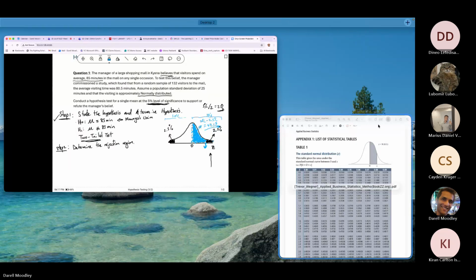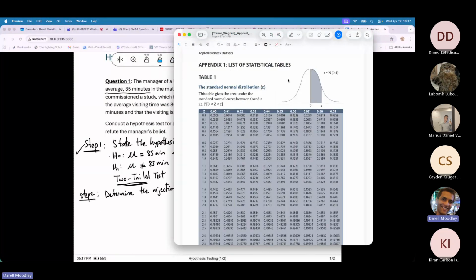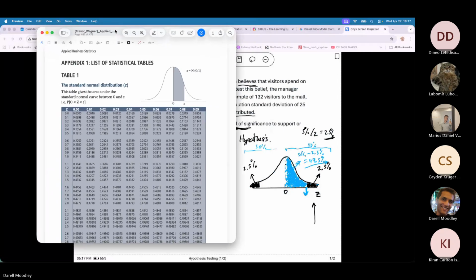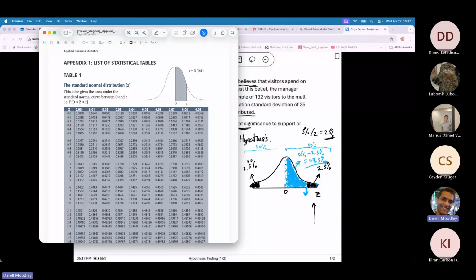Let me show you the table. All right, so look at our table. Now we know the area from 0 to the z value is 47.5%. So you need to look inside your table for the area of 47.5%, or in other words, 0.475.